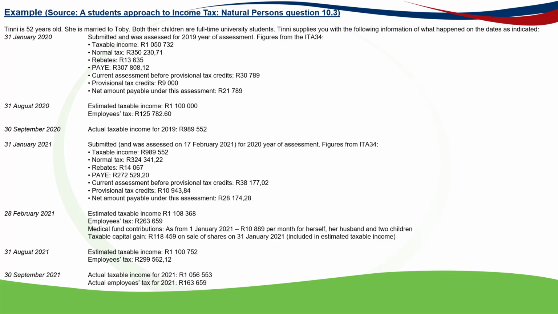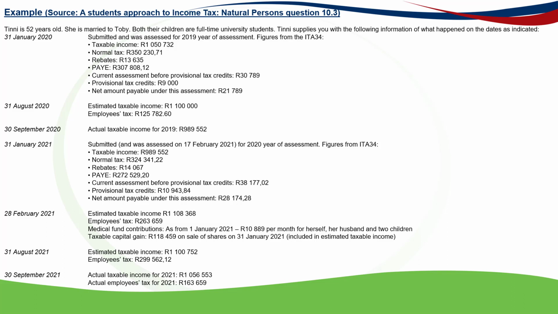She had employees tax paid there of 263,659. She had medical fund contributions of 10,889 per month for herself, husband, and 2 children. She made these contributions from the 1st of January 2021.